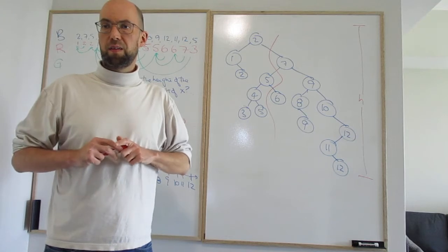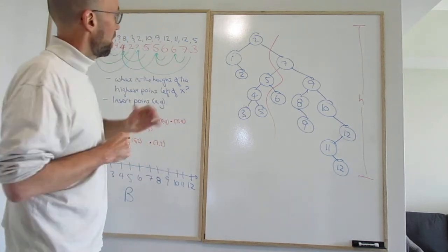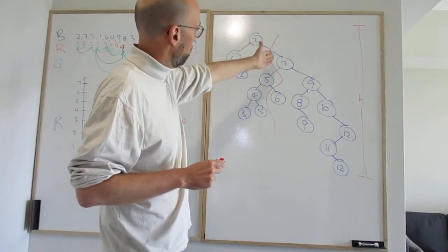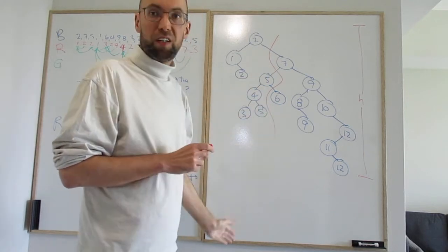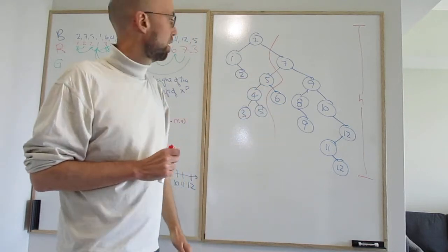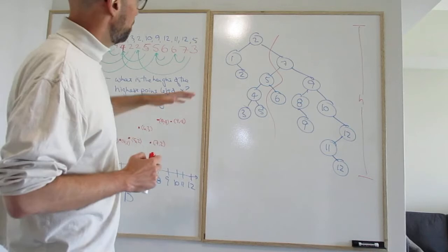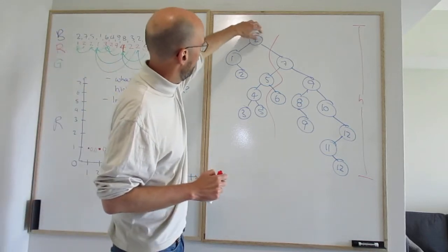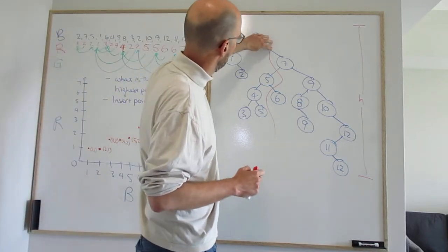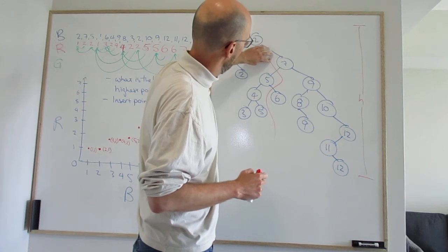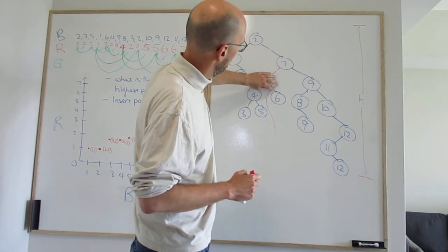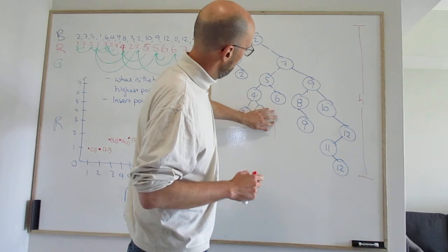Right? Because it's one line that goes down here. So if you walk down from the root, how do you find this line? How do you find this line?